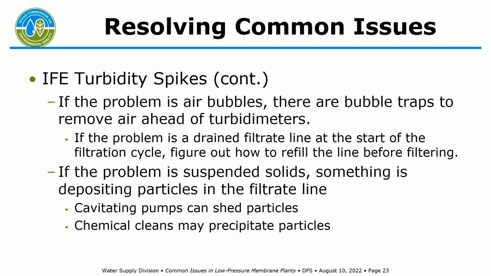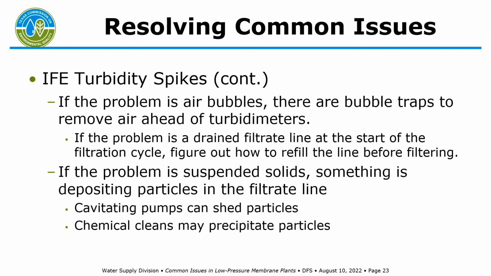If the actual problem is your turbidimeter sample line is getting drained when it's not filtering, so it's actually got air in there, you need to figure out how to either keep water in that sample line or refill the sample line before you start filtering, so that you're actually measuring water turbidity at the beginning of the filtration cycle, and not complete air that's going through your turbidimeter at the beginning.